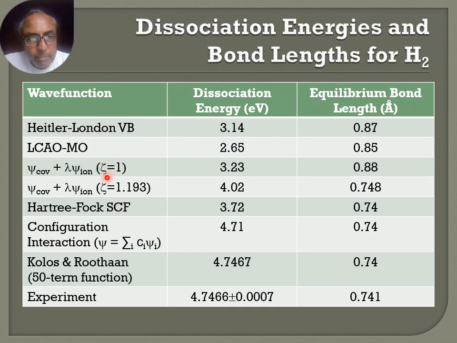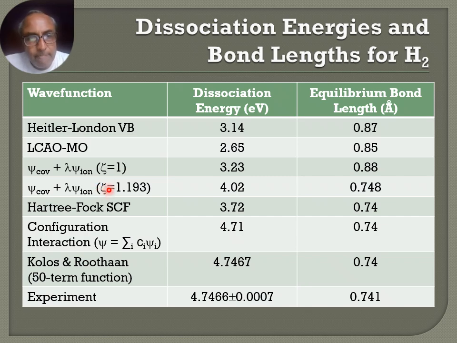Therefore, if we mix in the covalent and ionic structures, but allow the percentage of ionic structure that we mix in to be determined by the variational theorem, then we get a significant improvement in the dissociation energy to 3.23 electron volts.